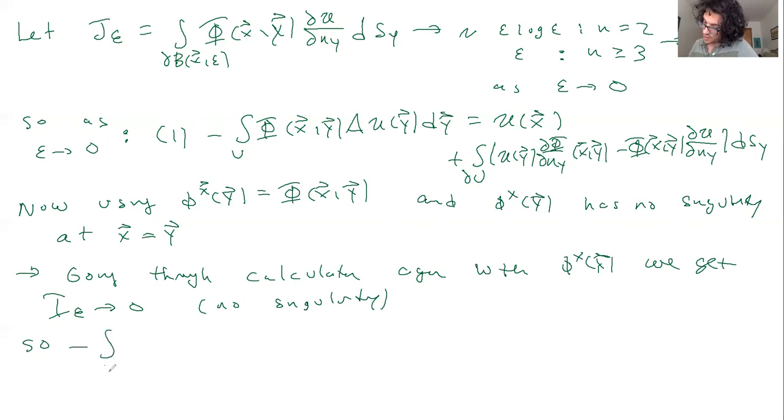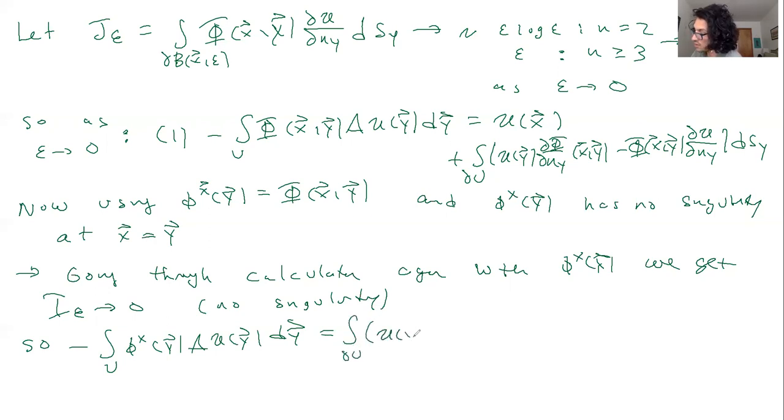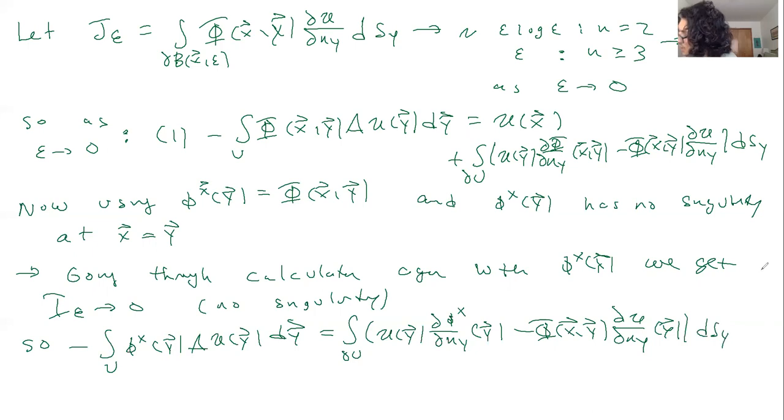So minus the integral of phi x, y Laplacian of u y is going to be equal to the integral over the boundary of u y d phi x dn y of y, minus phi of x, y du dn y of y, dS y.